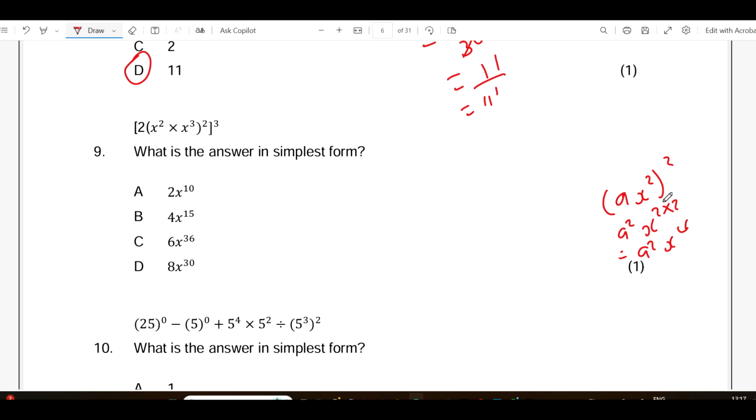I will apply the third law of exponents here too. So it's going to be 2 to the exponent of 3. And then in the brackets, when the bases are the same, we add exponents. It is 2 plus 3.